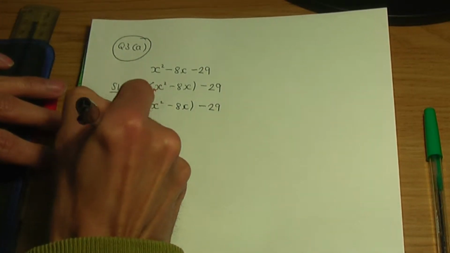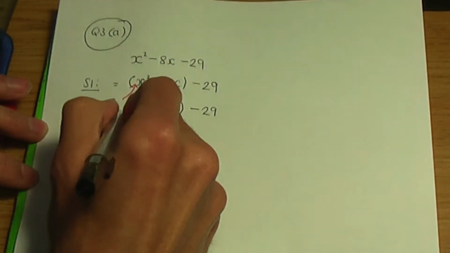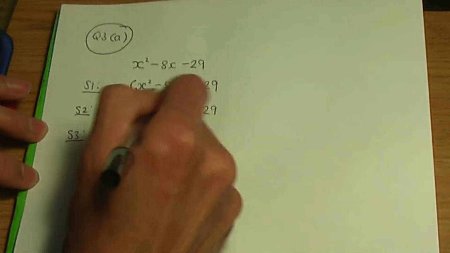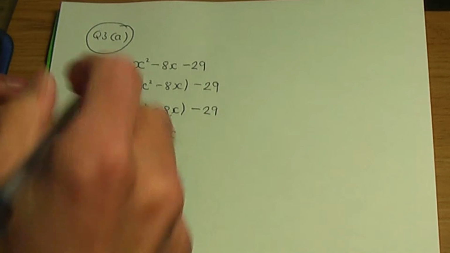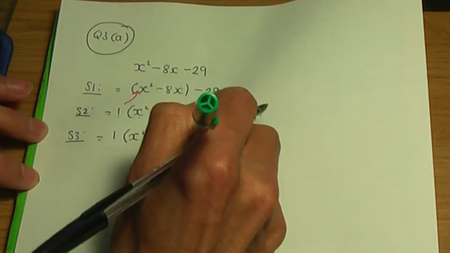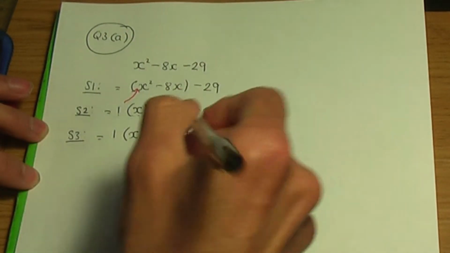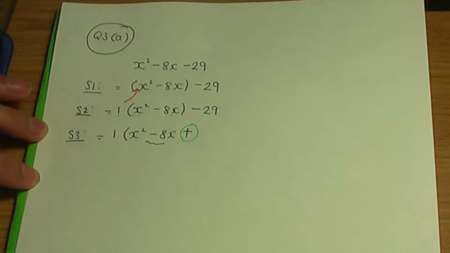In step number 3, pay attention: copy the 1, copy these two terms, the x squared and minus 8x, and we always add over here half of the number in front of x.